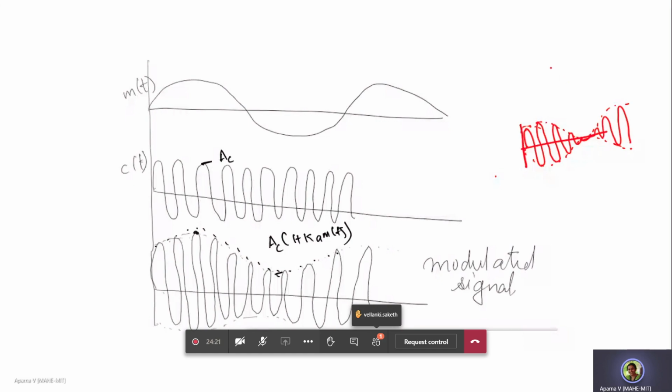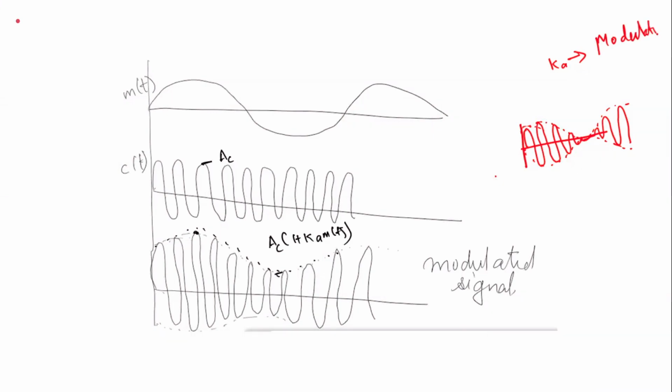Yes. So this Ka will influence a parameter known as modulation index. It is not directly equal to modulation index, but modulation index is also known as depth of modulation. So this is an under modulated wave. This is just modulated, perfect modulation.